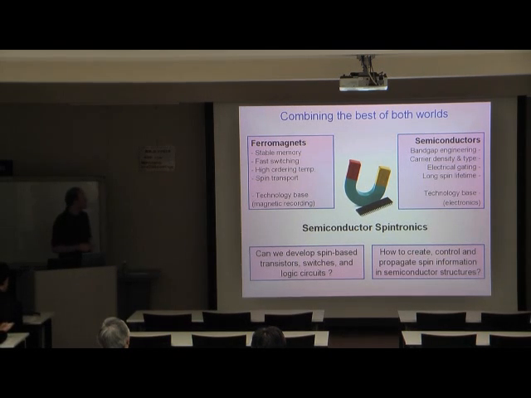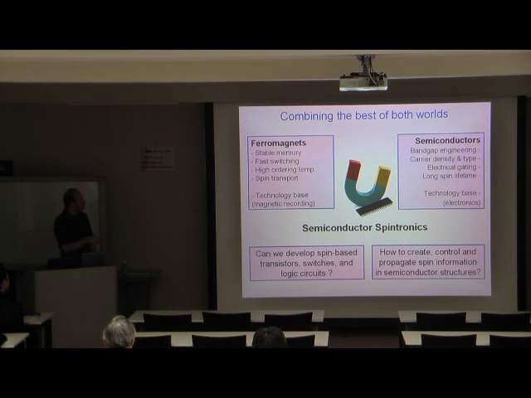These unique properties for ferromagnets are stable memory functionality. These materials have hysteresis. You can switch them very fast on nanosecond or even recently shown femtosecond timescales. And these magnetic materials have high ordering temperature, so they operate at room temperature. On the other hand, semiconductors, you can do band gap engineering, so you can make all kinds of low-dimensional quantum well and quantum dot structures.